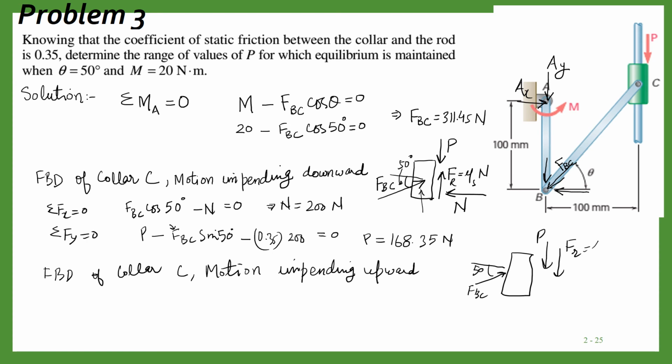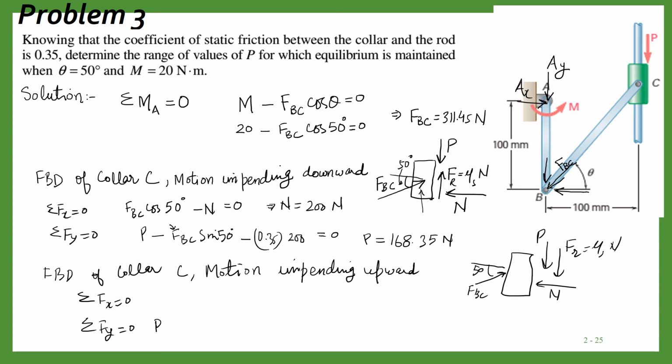This is the friction force, again mu s N, and here we will have N. Again summation of Fx is equal to 0, summation of Fy is equal to 0, so the first equation will remain the same.